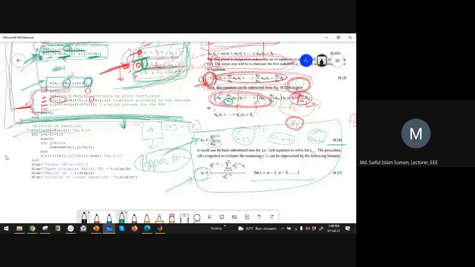So after executing all these instructions, we have the desired a, that means the upper triangular matrix. And from that upper triangular matrix, we can very easily get our last value xn by using this equation.